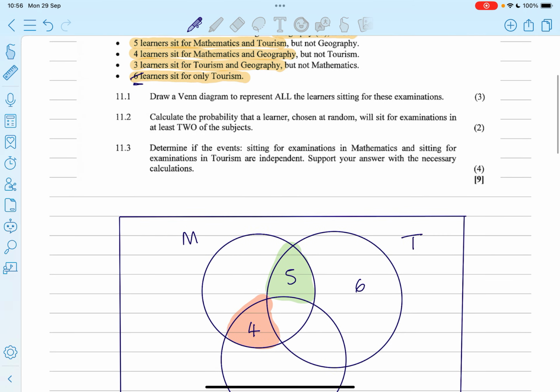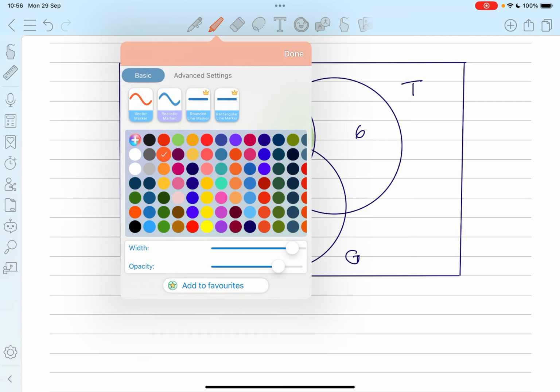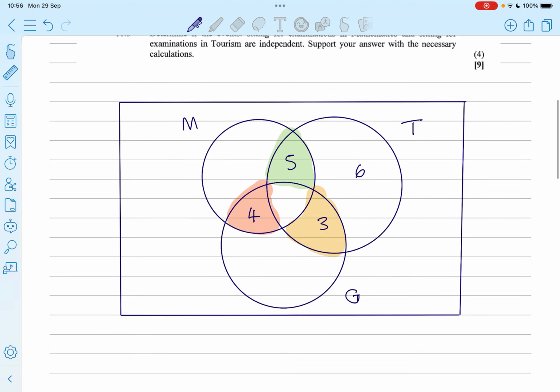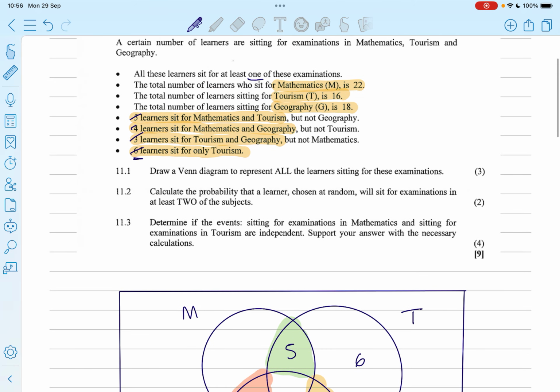And then next is 3 that sit for tourism and geography, but not mathematics. So this would be the intersection for tourism and geography, but not mathematics, and it's 3. Okay, so we have used up all of those.